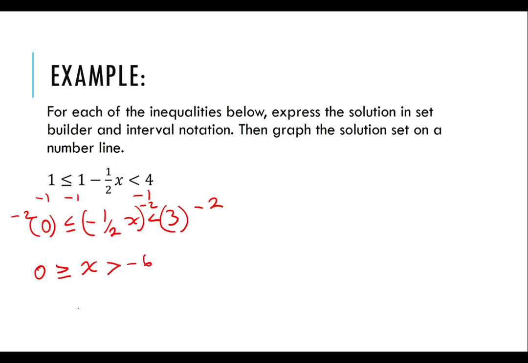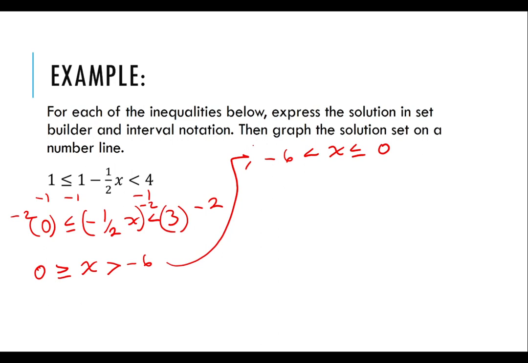And for the sake of preferences here, I'm going to rearrange this, and this is the same thing as negative 6 less than x less than or equal to 0. Notice that the inequalities are all pointing at the same thing they were pointing at before, even though I flipped it.